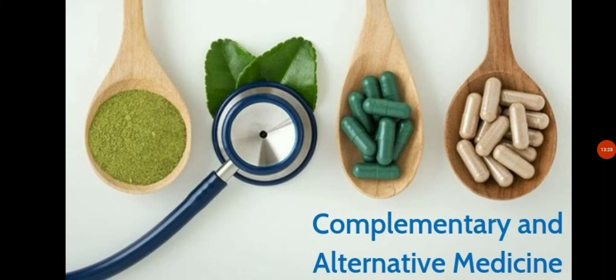Such approaches are sometimes referred to as holistic or traditional medicine. This includes classical systems such as Ayurvedic medicine and traditional Chinese medicine, which are centered on bringing together the mind, body, and spirit, and also chiropractic medicine, biofeedback, art therapy, hypnosis, prayer, special diets, and others.